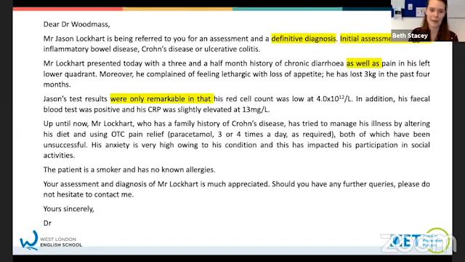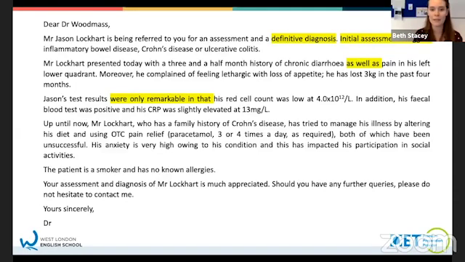Okay, I like this bit. "Were only remarkable in that." The reason that this is good is because it's very concise. And in the writing criteria, there is a section for conciseness and clarity. Sometimes you'll get your case notes and you'll find that all of this stuff was nothing special.